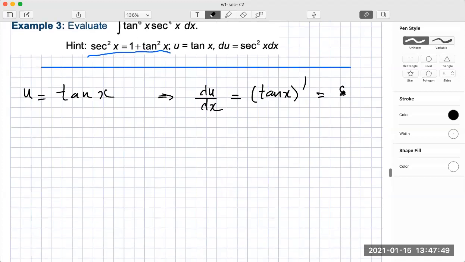Very good. You can use the formula, tan is sine over cosine, derivative of a fraction, and write it out clearly, you see this. Therefore, du will be secant square x dx, okay?